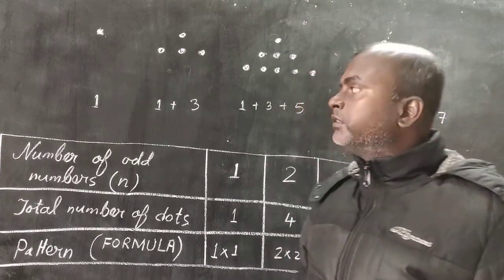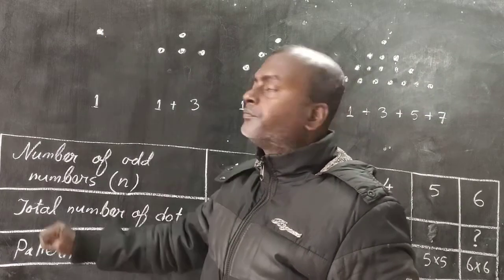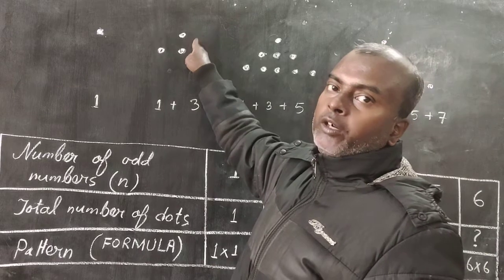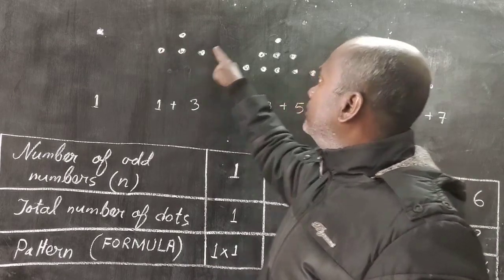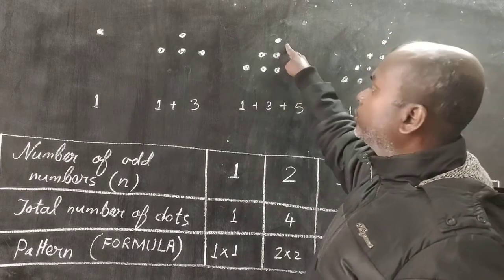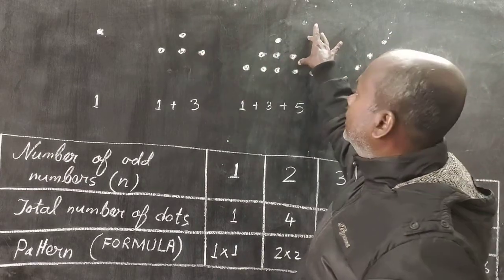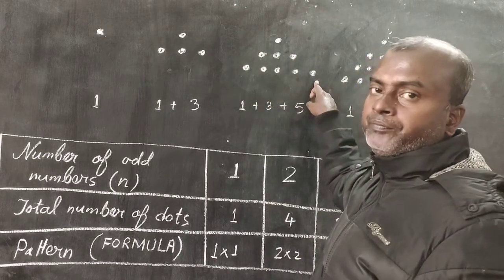In the first case there is just one dot. In the second, along with this one dot, 3 more dots are coming. In the third case, you have this 1 dot, 3 dots, and the same thing is here, but along with this, you have 5 more dots.